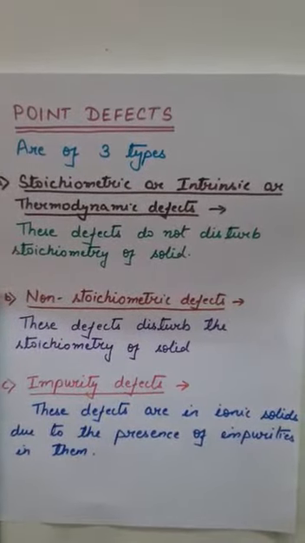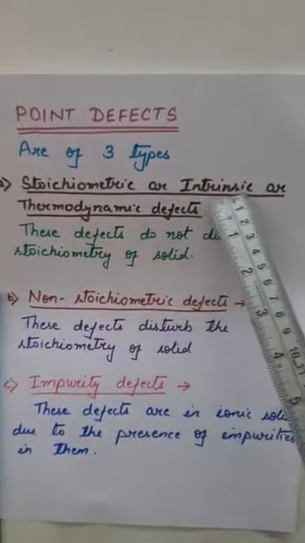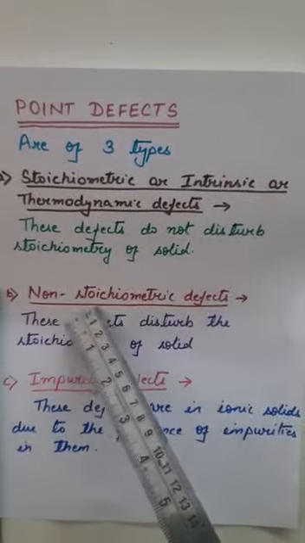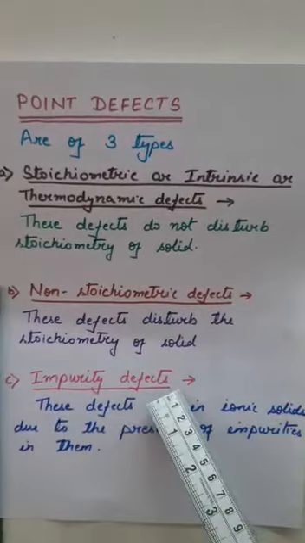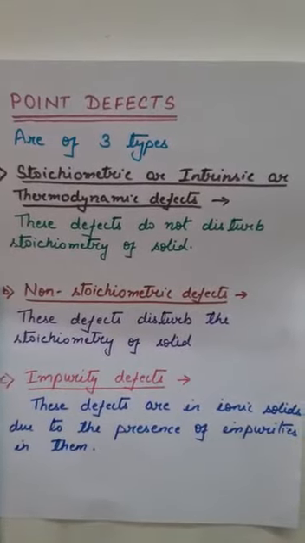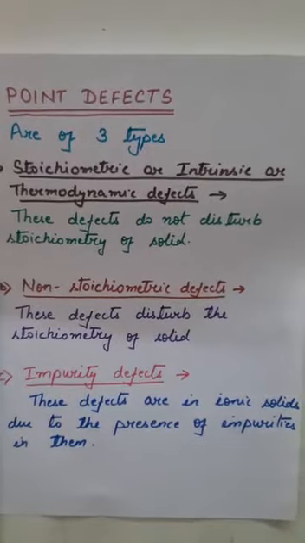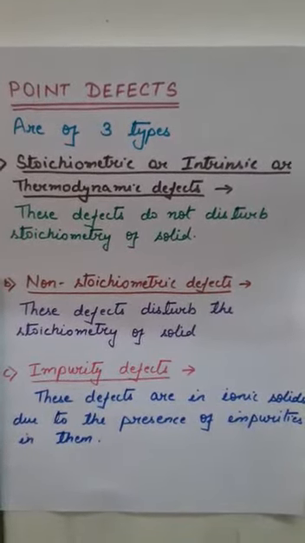Point defects are of three types: stoichiometric or intrinsic or thermodynamic defects, non-stoichiometric defects, and impurity defect. The first one, stoichiometric defect, actually do not disturb stoichiometry of the solid. Stoichiometry here means ratio of cations and anions.